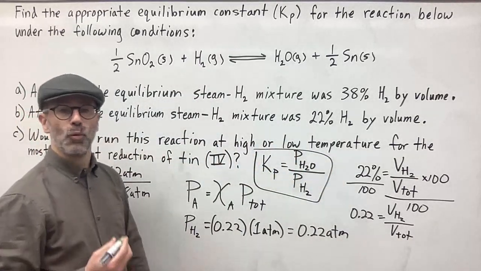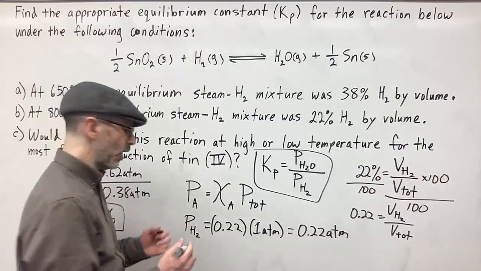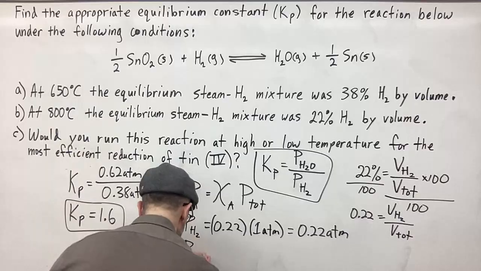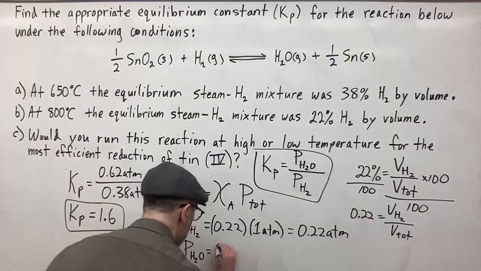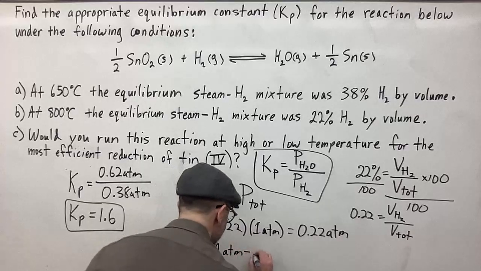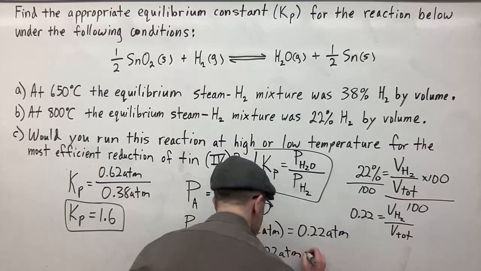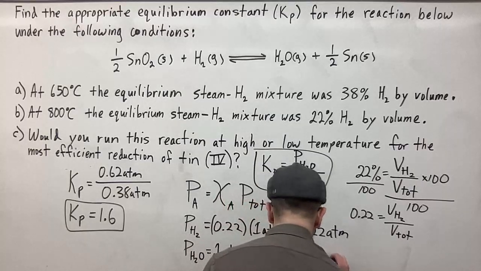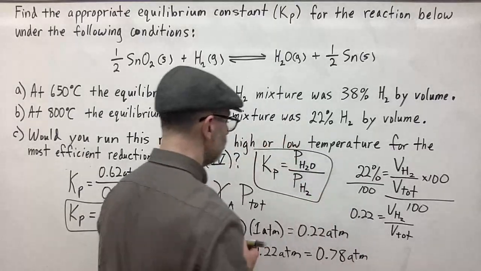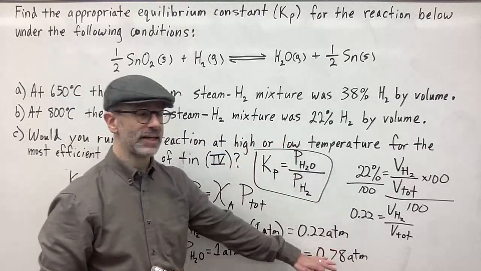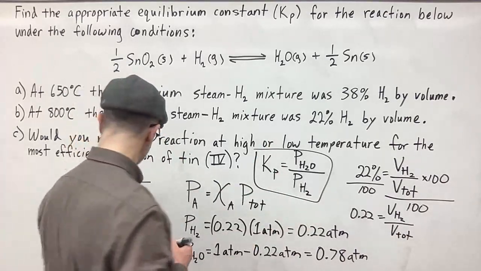To get that of water vapor or steam, I just subtract that from the total, which is 1. So the partial pressure of H2O is going to be equal to 1 atmosphere minus 0.22 atmospheres, which is equal to 0.78 atmospheres. And now I can plug that back into my equilibrium expression for Kp, and I do the same thing.